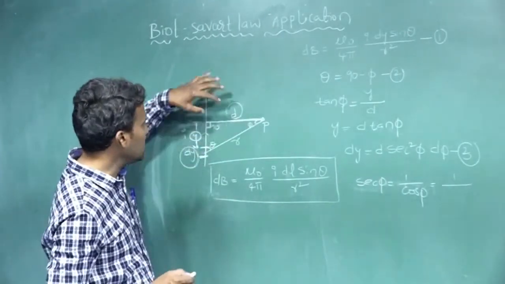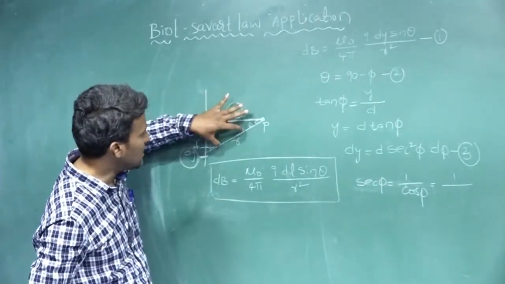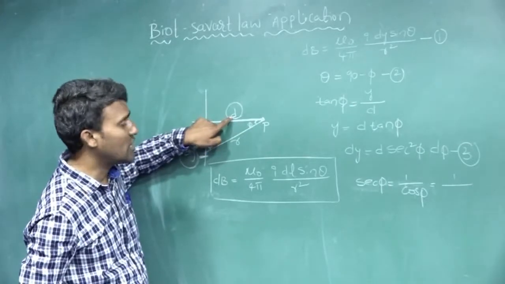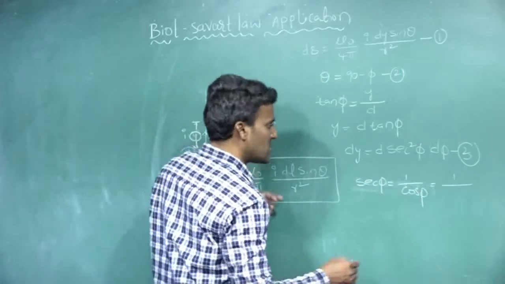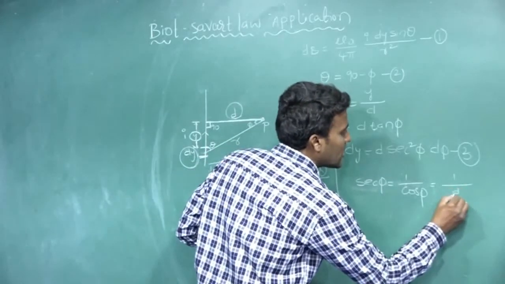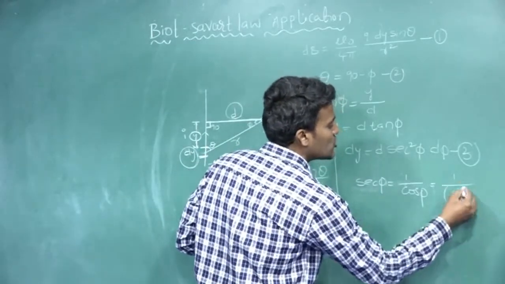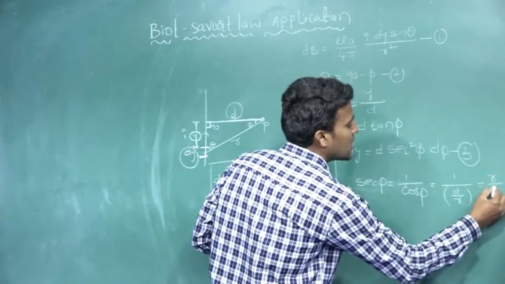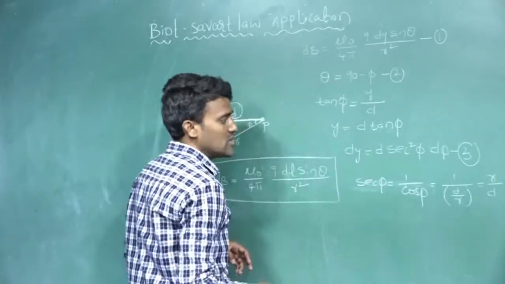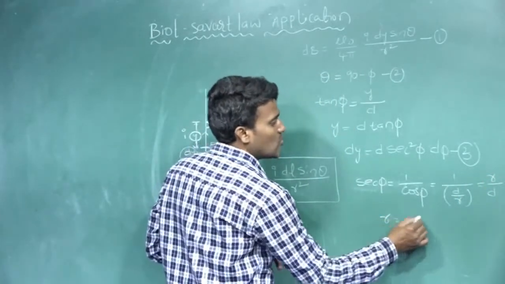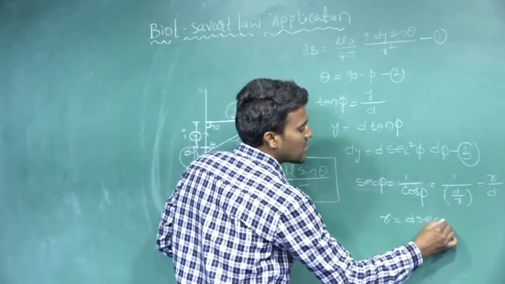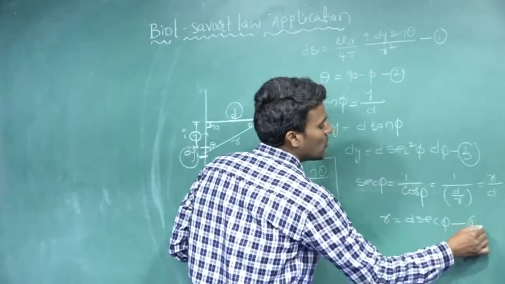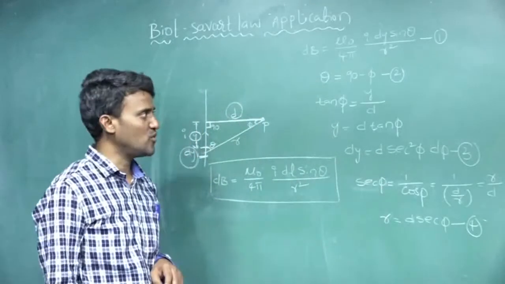In this triangle, the adjacent side is D, the hypotenuse is R. So D divided by R. R goes to the numerator, so you can write R divided by D. Now R is equal to D sec phi, that is equation number 4.